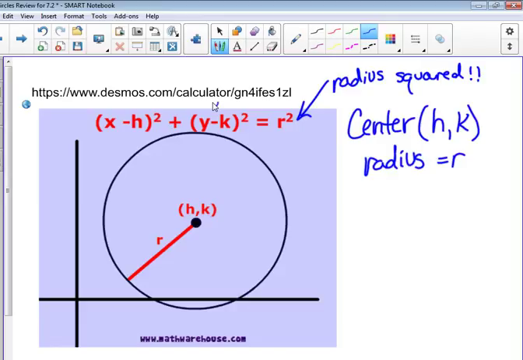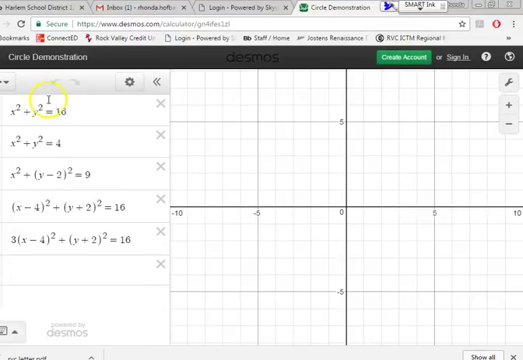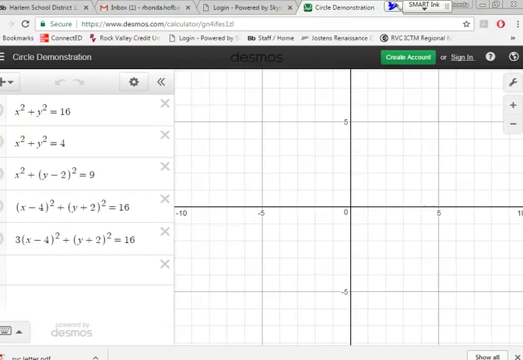So therefore, they're really hard to graph in our calculator. Do you know what I'm talking about? Because you have to put everything in y equals form, okay? So if we go to this site, this calculator, you don't have to put things in y equals. Look at how I could type these in here. So you can type things in without them being in y equals form, all right? And it'll graph.